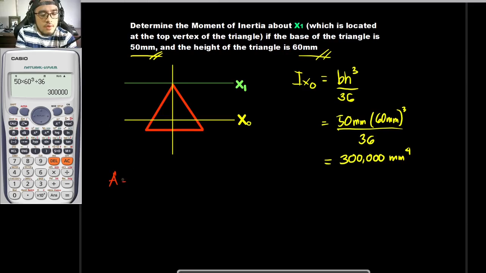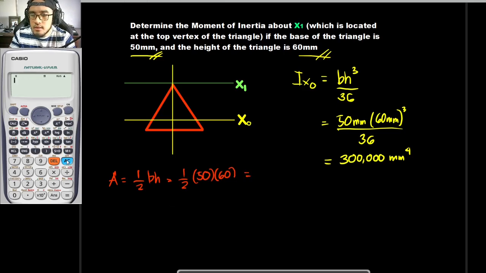The area of a triangle is 1/2 base times height. Substituting known values, that is 1/2 times 50 times 60. 50 times 60 divided by 2 is 1,500 mm squared. So that is for A, but what about for D?